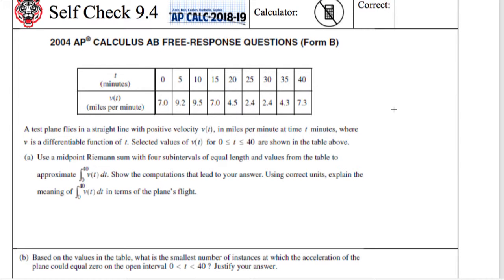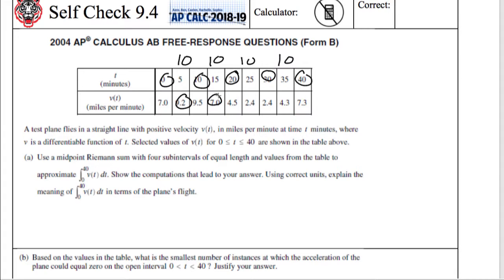The way that we do this is midpoint. We use this point with this height. The distance between 0 and 10 is 10, and then the height is 9.2. The distance between all of them is going to be 10, so I'm going to factor that 10 out instead of multiplying by 10 over and over again.